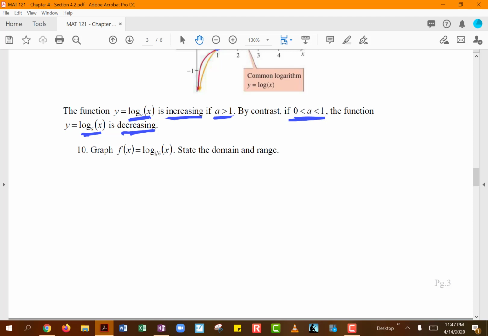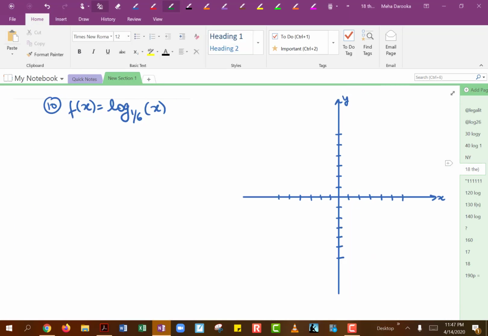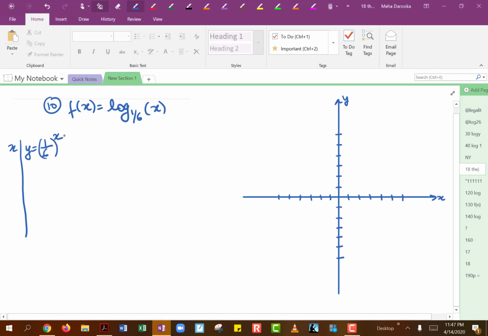Just like we did before, we'll go ahead and do a table for the exponential function, which will be 1/6 to the x power. Using again -2, -1, 0, 1, and 2, we will actually end up getting 36 for this guy, 6 for this guy. This will be 1. This will be 1/6, which will be approximately 0.1667, and this will be 1 over 36, which will be approximately 0.0278.